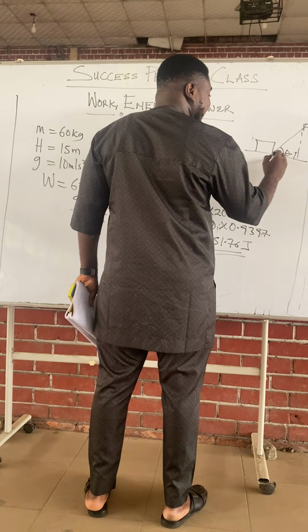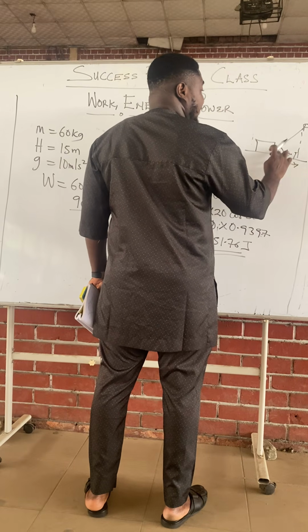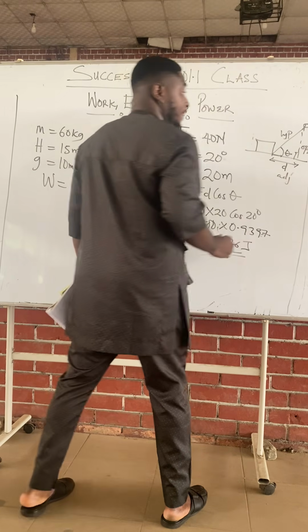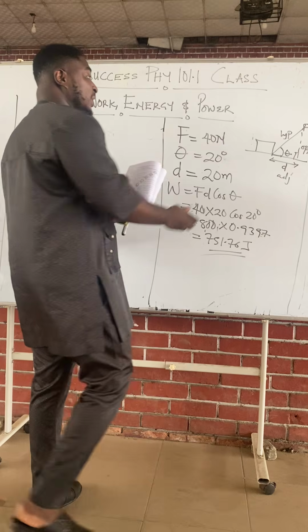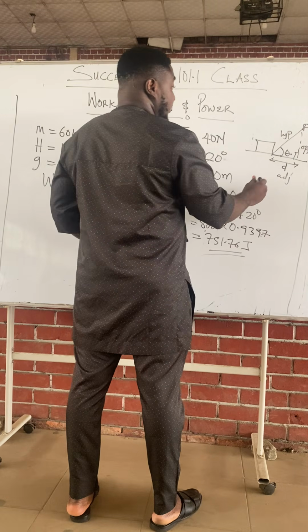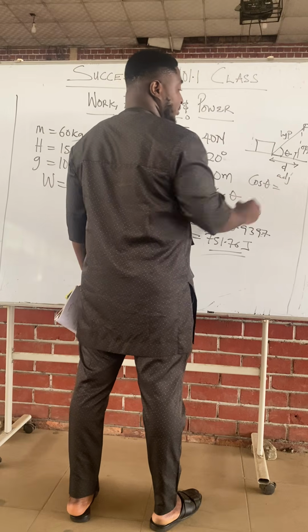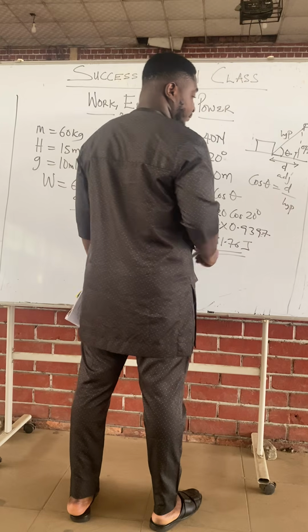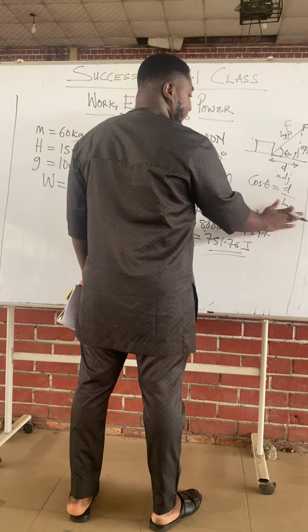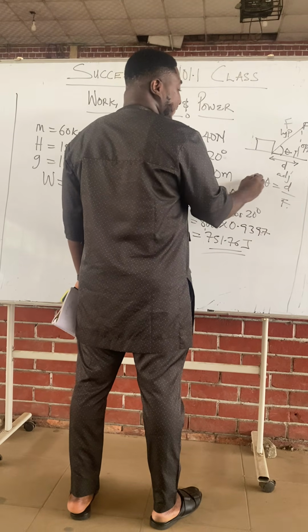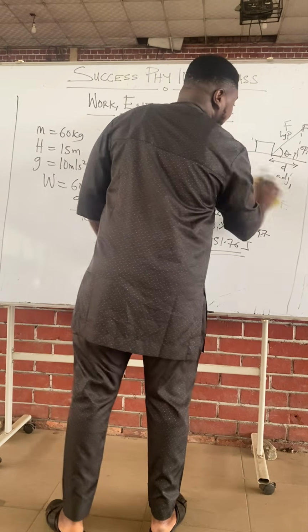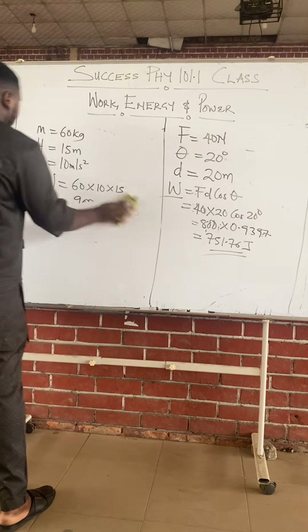Using SOHCAHTOA, cos theta equals adjacent over hypotenuse, so the component of force along the distance is F cos theta. Bringing it into the formula of work done, you say F D cos theta. That's how we have cos theta in our work done. Now moving forward, let's take this question down.